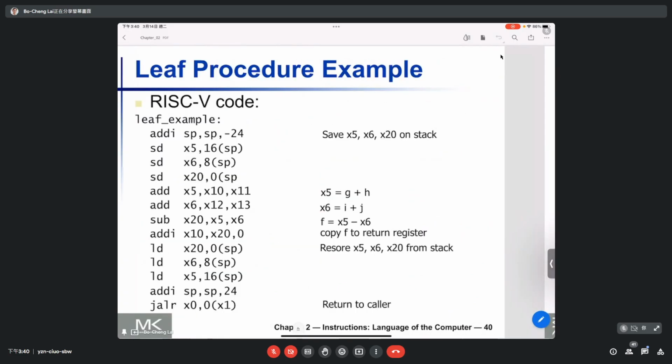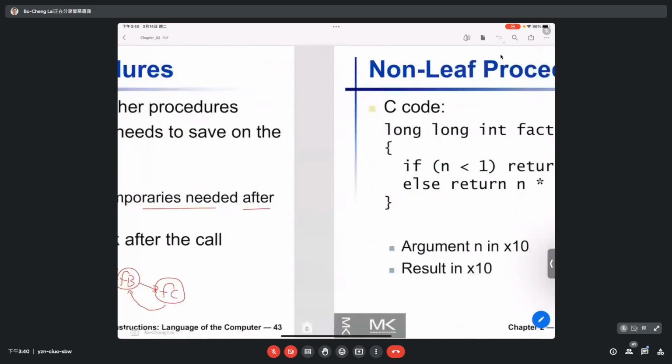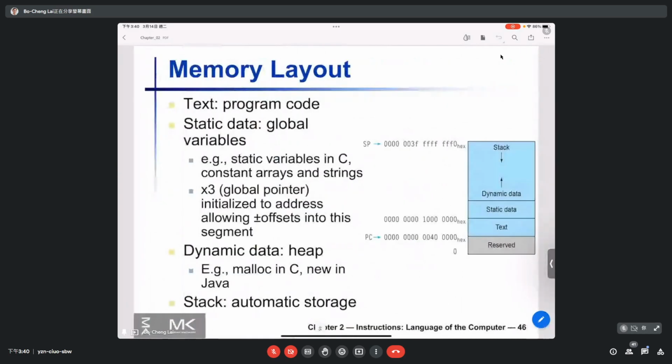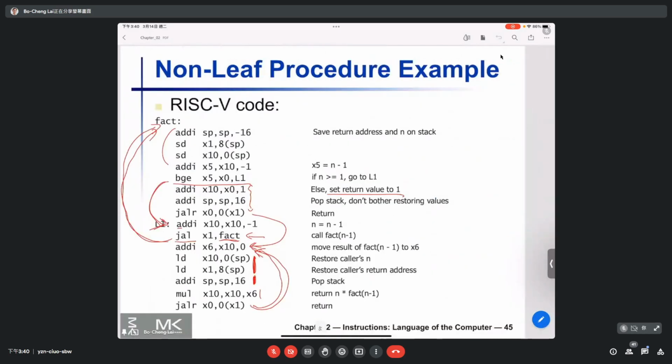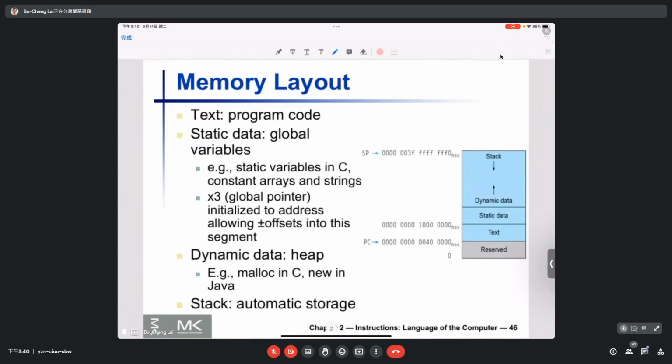Okay, so in the CPU, we have registers, and this is memory.